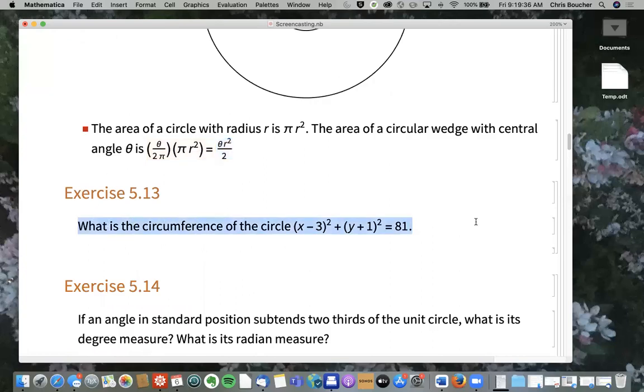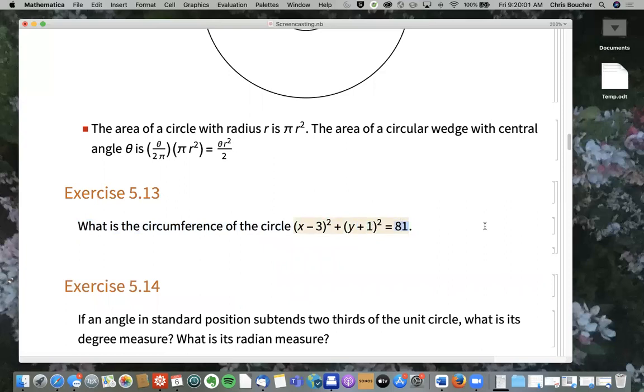All right, so how do we get the circumference of a circle like this? Notice here I haven't drawn a picture of the circle or given you its key dimensions. Rather, recognize this as the equation of a circle from the previous video. Because it's in this form, I can spot the center: 3 is the x-coordinate of the center, -1 is the y-coordinate.